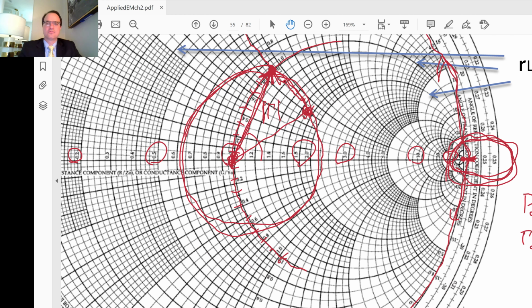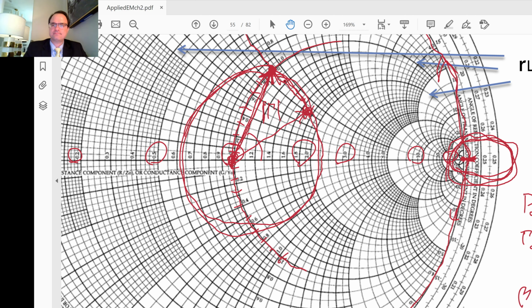That tells you the certain distance along the line that we want to calculate this quantity at, and the angle is what you need to plot on here. This is the relation. Remember what beta is: beta is equal to 2 pi over lambda.